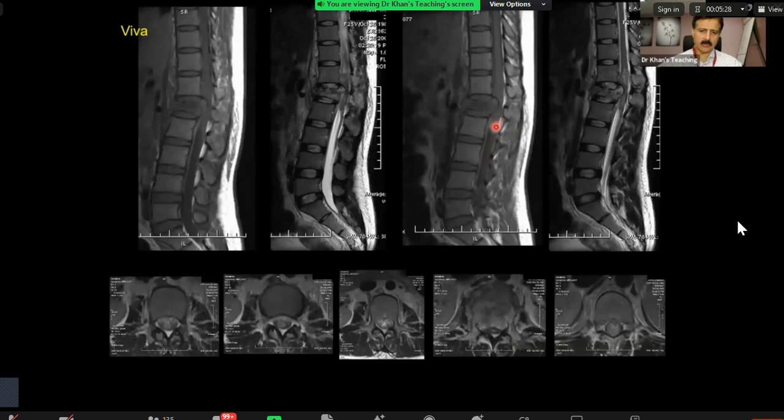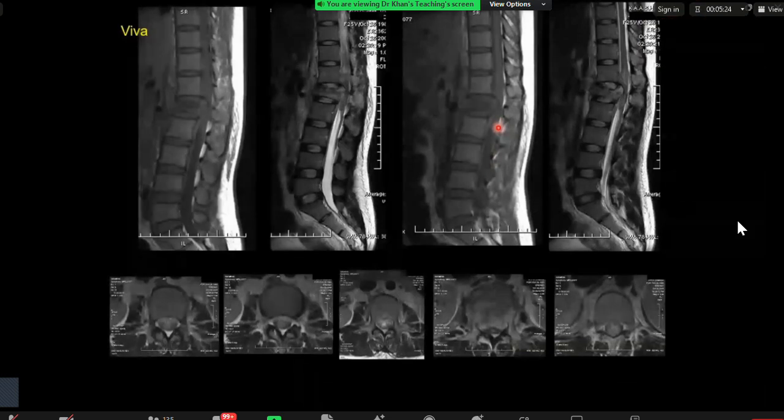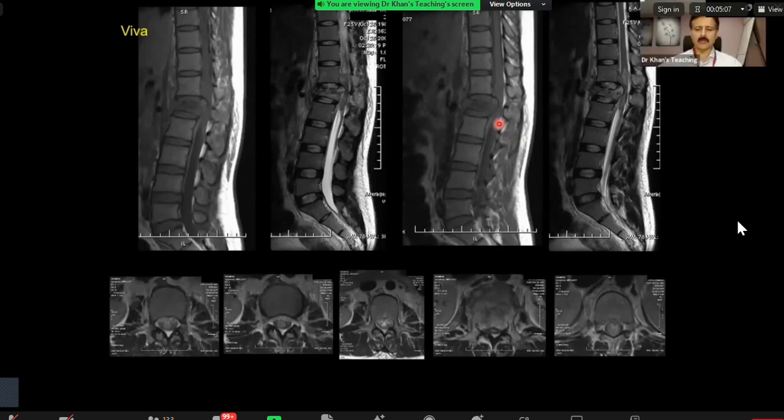In between your mouse and the vertebral body. So I can see there is the conus at L1 region, and between your mouse and the vertebral body there is an area of increased T1 collection tracking anteriorly. Yeah. So in keeping with the epidural collection.